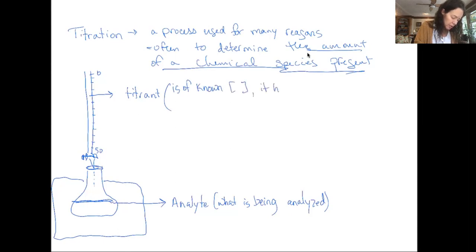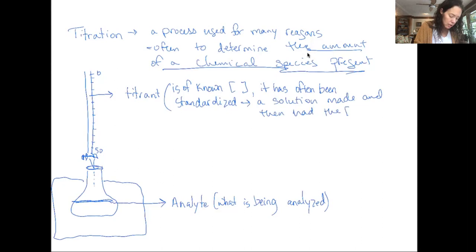It has often been standardized, and what that means is it was a solution that was made and then had the concentration tested through a titration to determine its exact concentration. Okay, so we would put a standard solution in there.